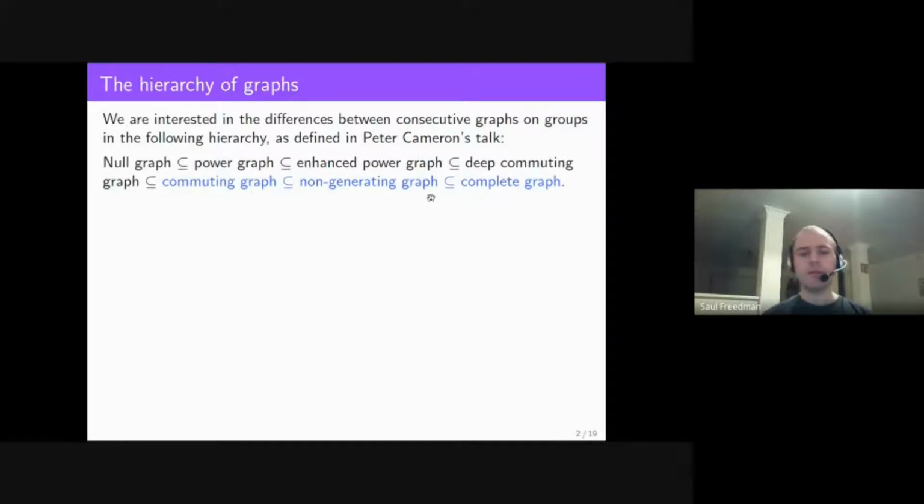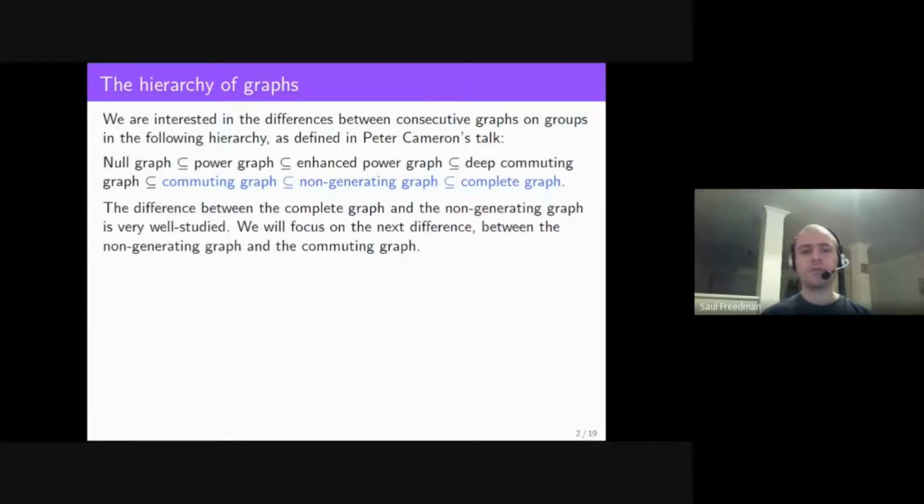Now, if you weren't at Peter's talk, or if you forgot the definitions of these graphs, don't worry. We're just going to be focusing on the differences related to these last three graphs colored in blue. And note that when we take the difference between consecutive graphs, sometimes we'll remove some vertices from the vertex set, and I'll explain what I mean shortly.